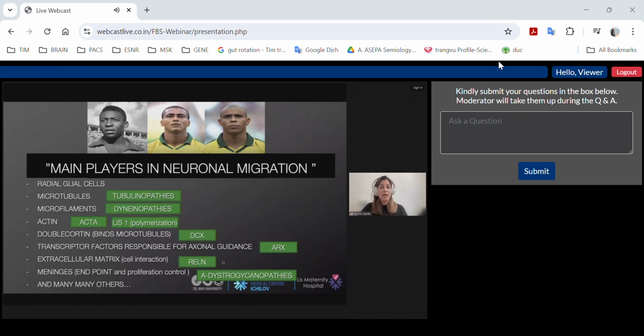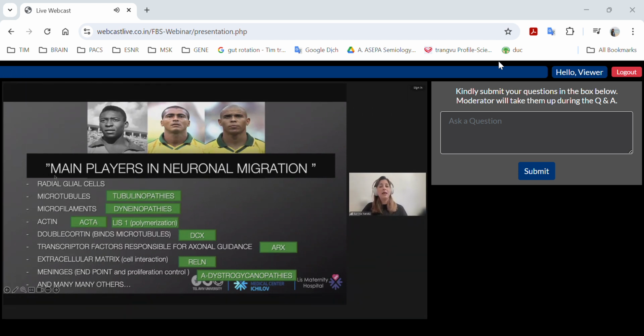So the meninges, the pia mater mainly, will be the end point of the migration, and it's very important that it's completely normally developed and with no gaps in the meninges.